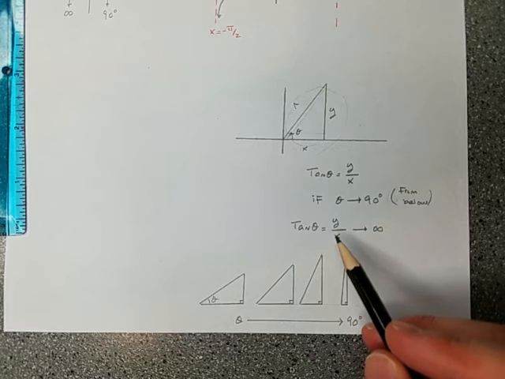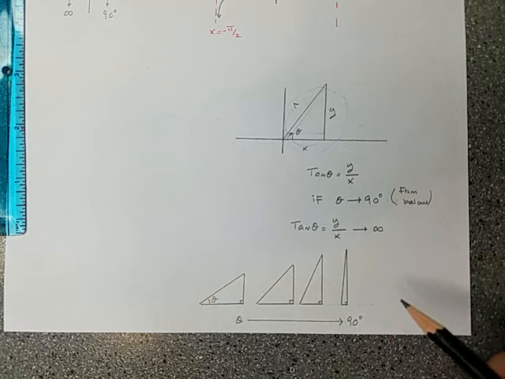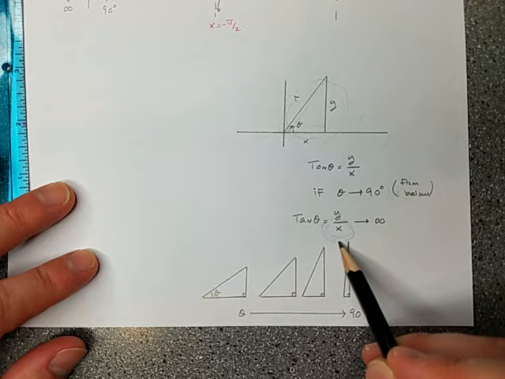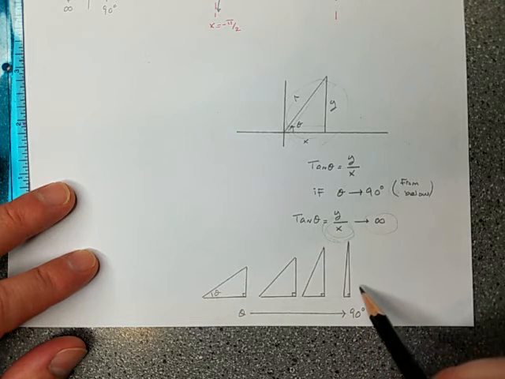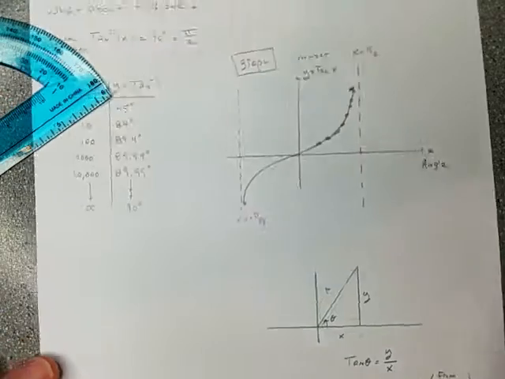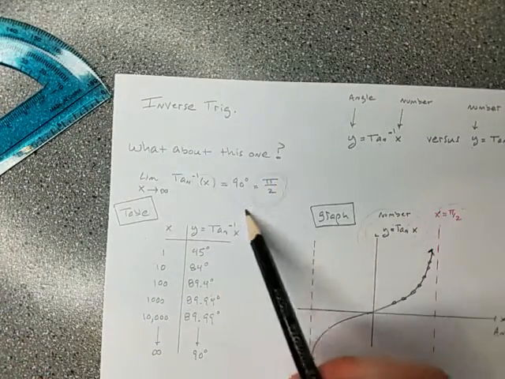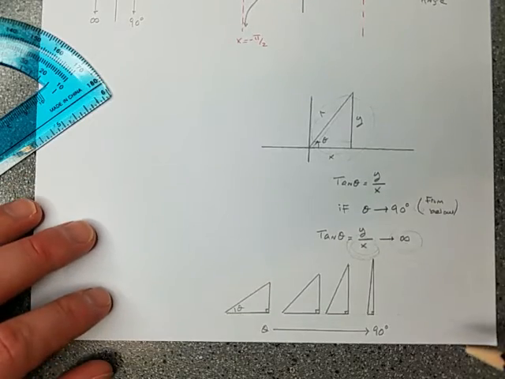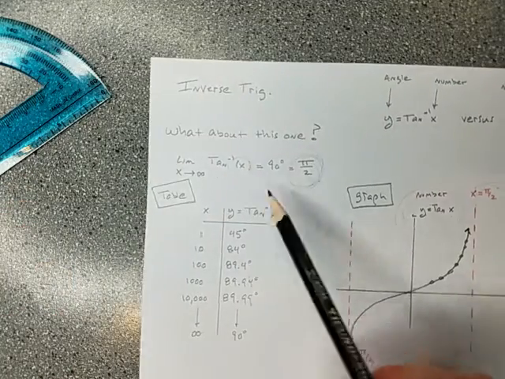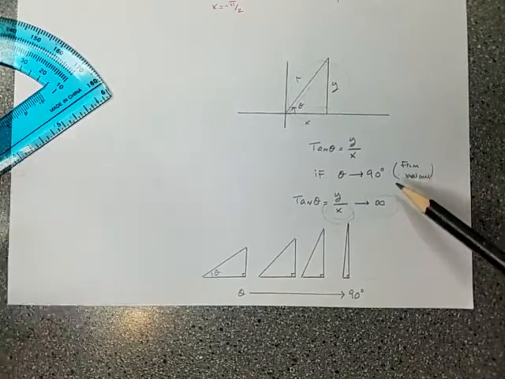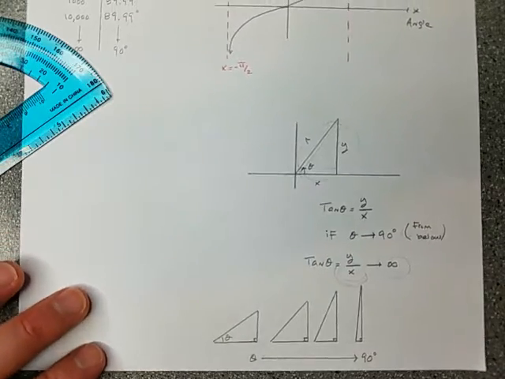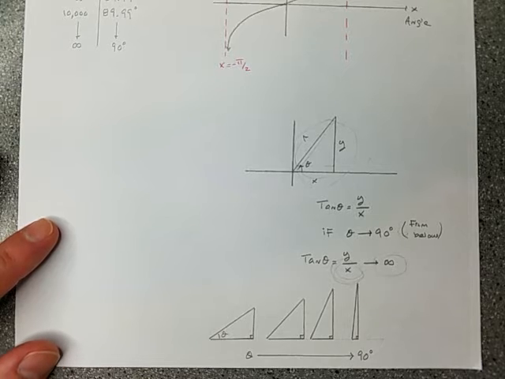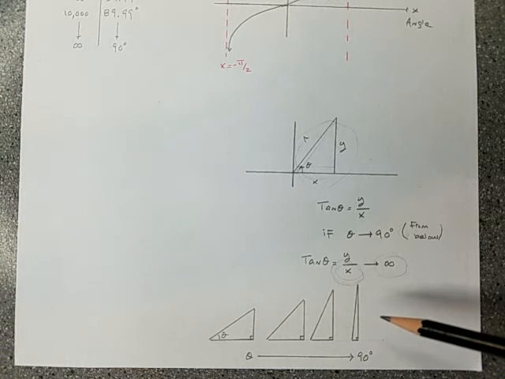So y over x is going to go to infinity. Isn't it true that the smaller number you divide by, the bigger answer you get? So yeah, I can see that if the angle goes to 90, the number is going to go to infinity, okay? So that's another way you could see this one. It's more sophisticated to look at it this way, but I think you should challenge yourself to understand things in the deepest way that you can.